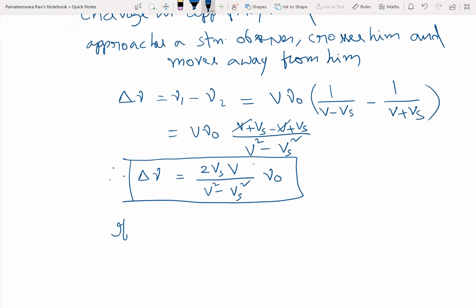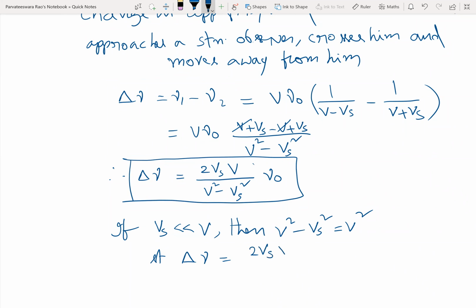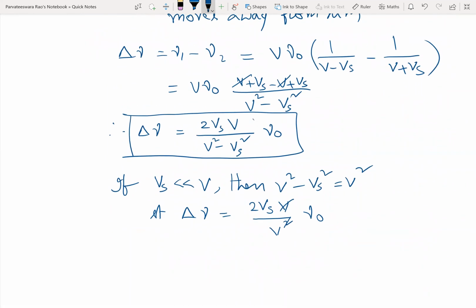If Vs is very much less than V, then V square minus Vs square can be approximated to V square, such that delta nu becomes 2 Vs into V by V square into nu naught. So finally, the simplified formula for change in frequency when a source approaches a stationary observer, crosses him and moves away from him is 2 Vs by V into nu naught.